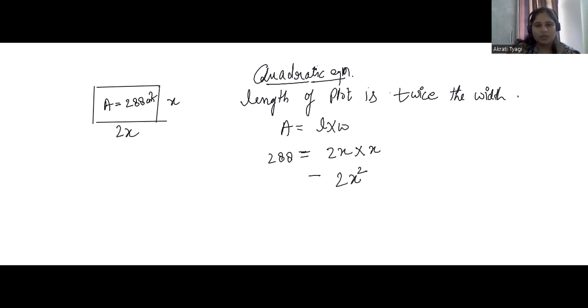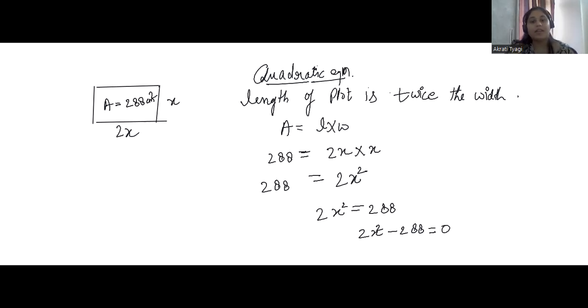If you are observing, we got 2x square equals 288. And what we have to do, if I write this, 2x square minus 288 equals 0, you are observing it is a quadratic equation. So this is the basic concept behind that.